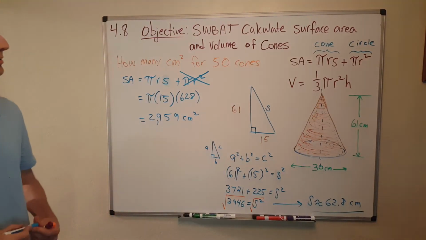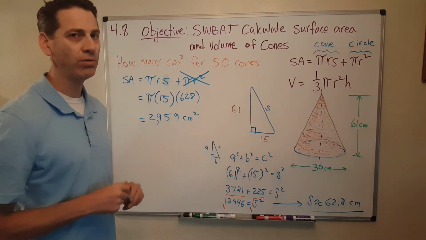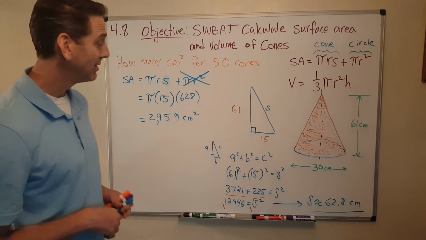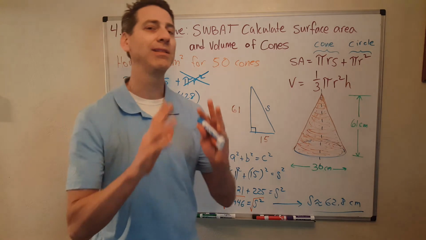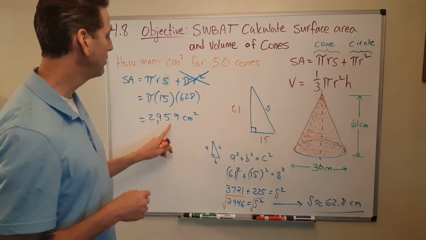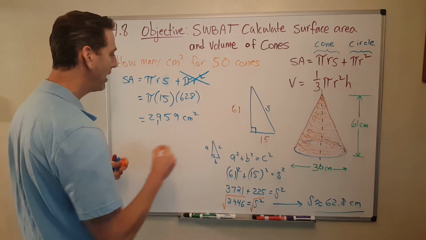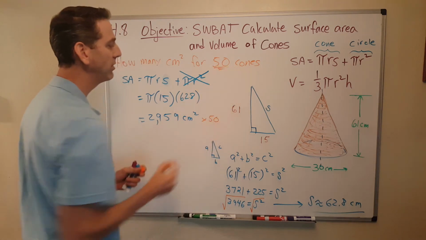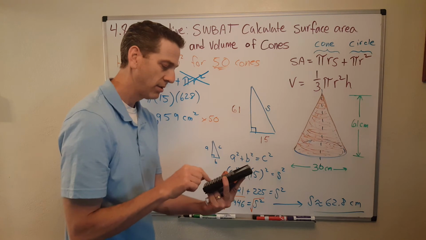Square centimeters. Okay, so that is for one cone, right? Well, that's a lot. It's a lot of square centimeters. Okay, but they're going to be painting 50 cones. So what I need to do is I just simply need to multiply this by 50, right? Because we're doing 50 cones. So what would that be?